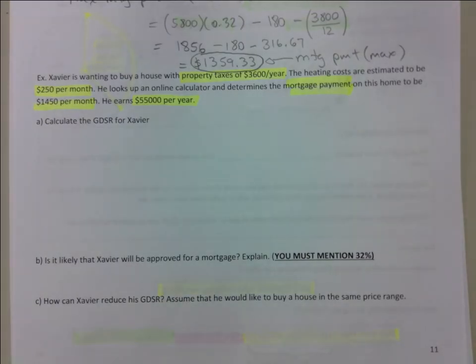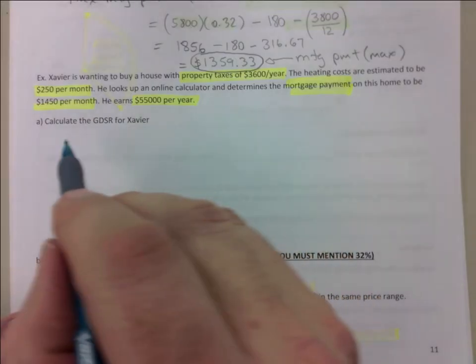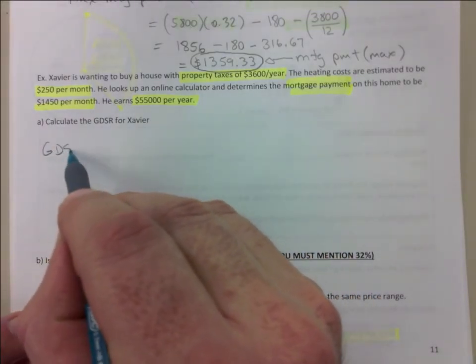Can I just say something? It's all the income, it's all combined. Like if they mention Susie makes $50,000 and Xavier makes $60,000, we combine those, right? It's the household income that we're considering. Both of them are going to own the house, obviously. That's what we're assuming. So let's do the GDSR.